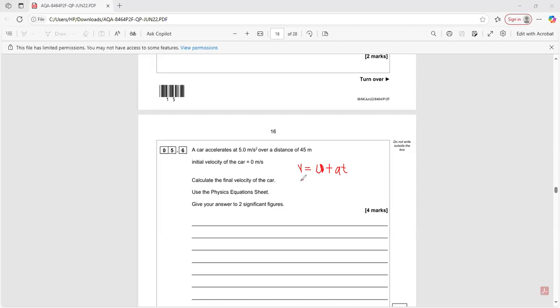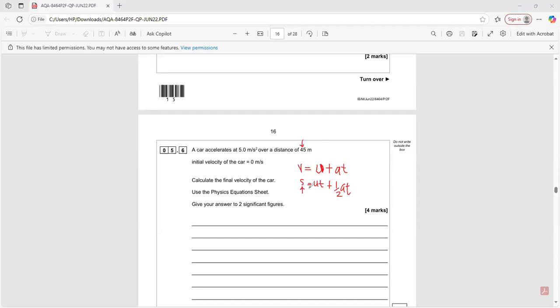Let's try another one. S equals UT plus half AT squared. The problem with this one is that the distance is given in the question, but there's no time given. We cannot use a formula until we have all the parameters that are necessary.